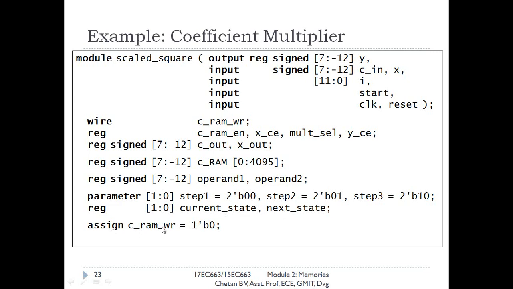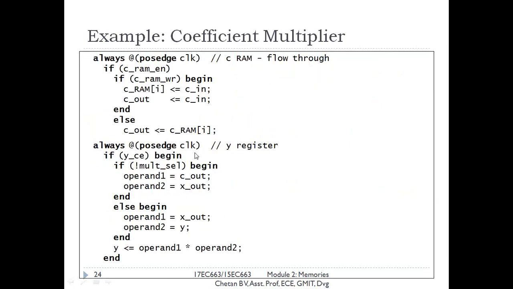Assign CRAM write equals 1'b0. So initially we are performing a read operation. This is the model for flow-through RAM. Initially we wait for the enable signal. Once the enable signal is 1, we look for the write signal. If the write signal is 1, we perform a write operation. That is, the data at the input terminal will be written to the location pointed to by this address, I is the address.